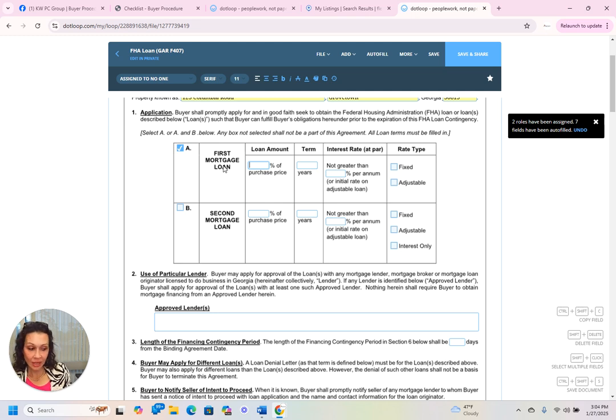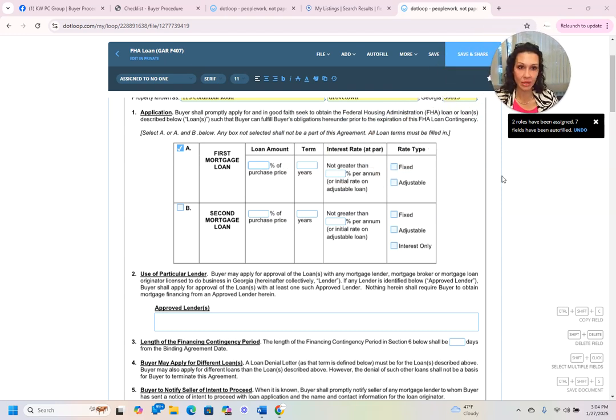That means that your client is paying 95% of the purchase price and the lender's only going to give them a 5% loan. Outlandish, right? No. This is what the lender is going to give them. So if they're doing a 3% down payment, 97% would go here. If they're doing a 5% down payment, 95% would go here. If they're doing a VA loan and they're not doing a down payment at all, 100% would go in this blank.